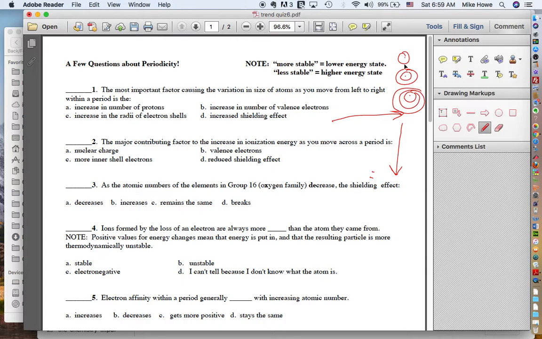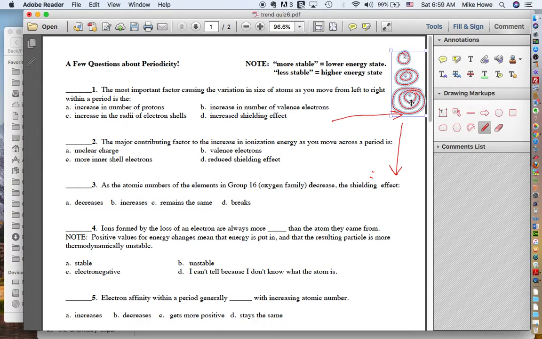Now as you add energy levels, even though you're adding more protons, the size gets bigger because the electrons in the inside energy levels push away on the outside.